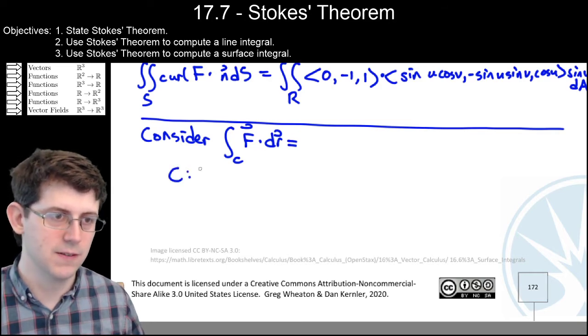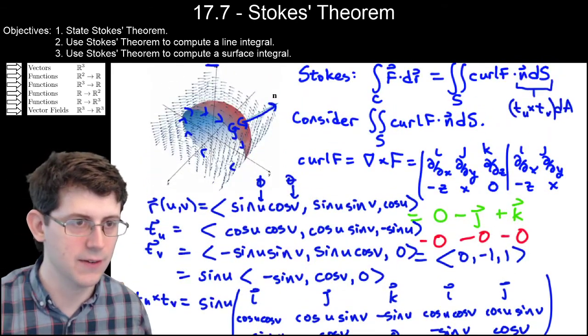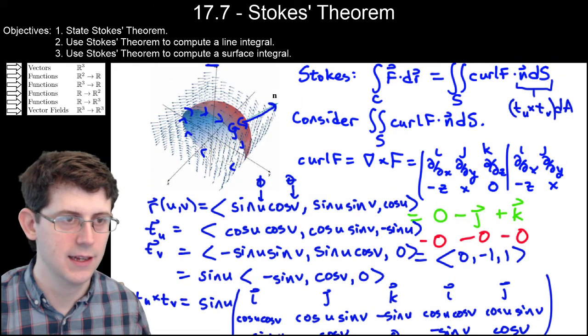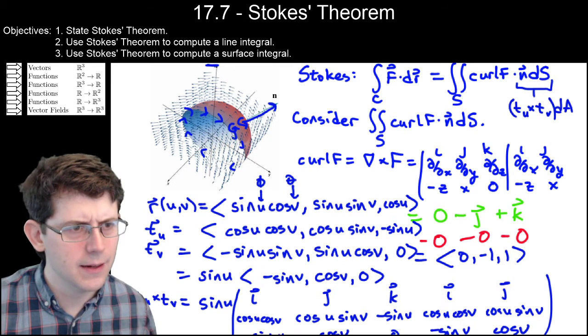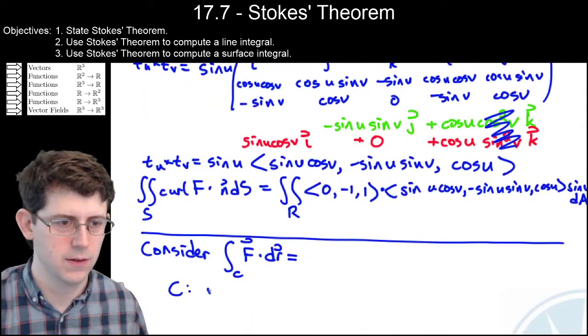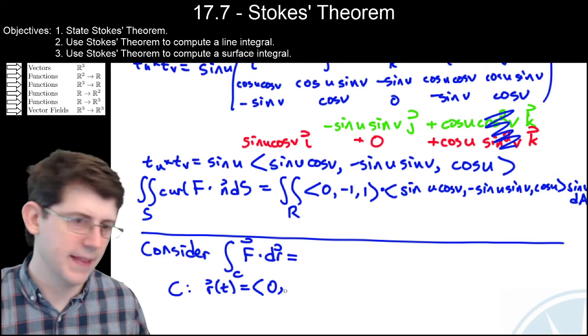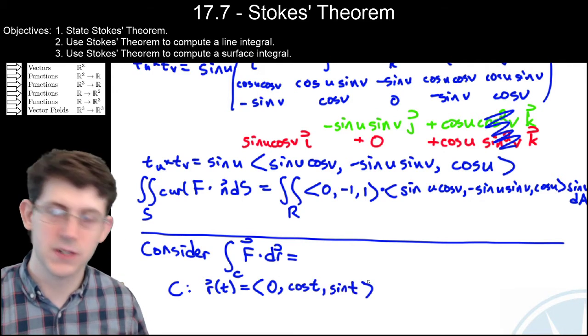So here's my curve. It's a circle. I need to make sure that it goes around this way so that it agrees with the normal vector that I had. X is always 0. And then let's just try cosine t, sine t and see if it goes around the right way.